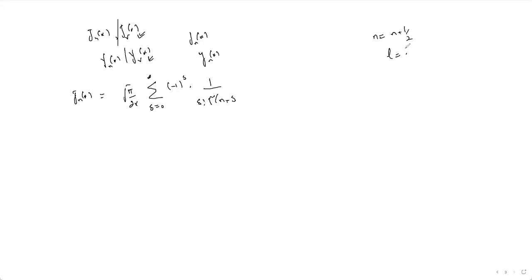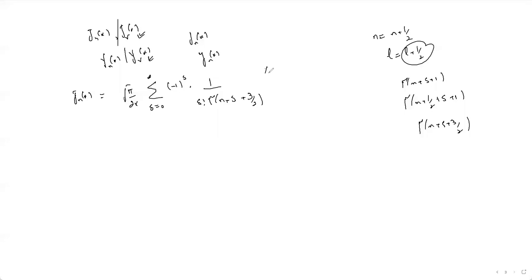Yes, l is equal to l plus 1 by 2, half of this order. So gamma of n plus s plus 1 will become gamma of n plus 1 by 2 plus s plus 1, so it will be gamma of n plus s plus 3 by 2. So the solution to this J n of x will have minus 1 raised to power s, gamma n plus s plus 3 by 2.